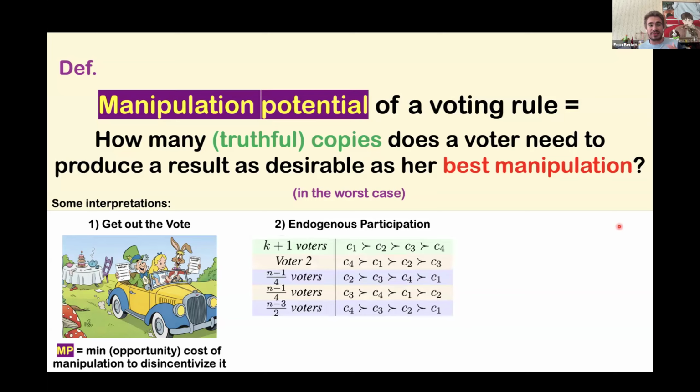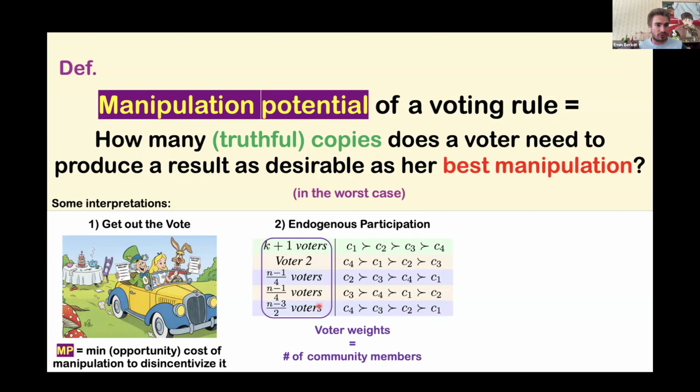A second interpretation is taking a dual approach to this. So now, instead of thinking of voters as communities, I'm thinking of each of these votes as a voter, each voter representing a community themselves. So it's the same election as before, but instead of thinking of this election as an election with n plus k votes, we can think of it as with just 5 voters, so just these 5 rankings. But these numbers over here correspond to the number of community members.